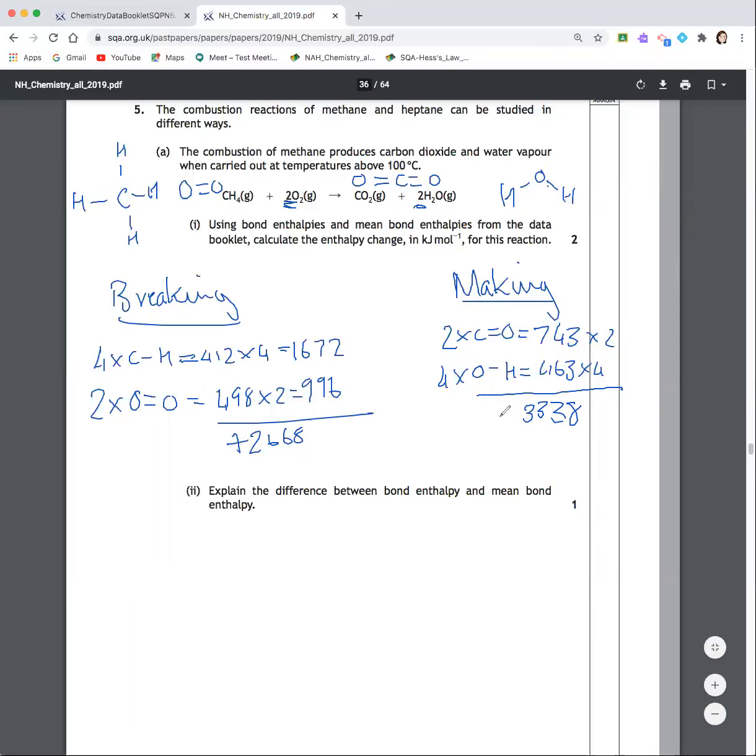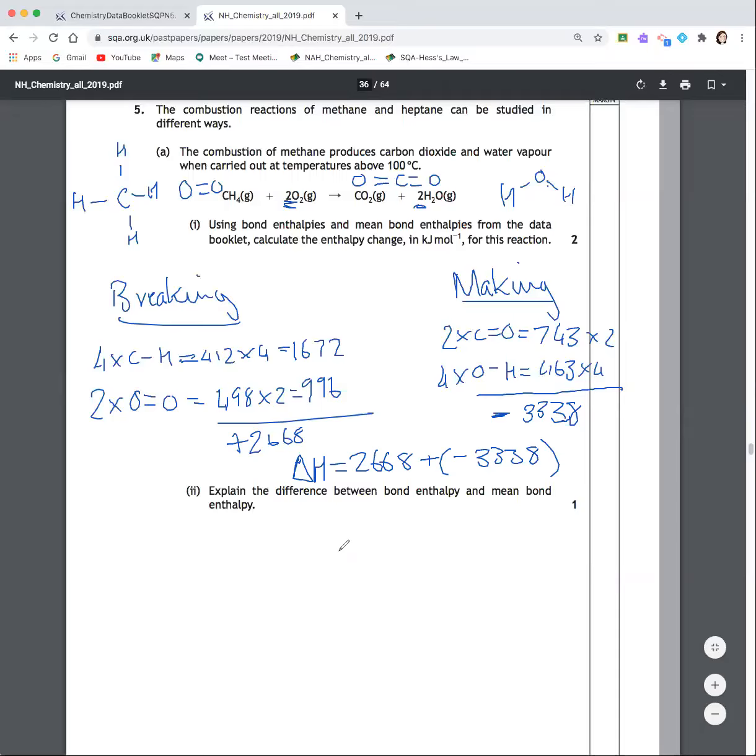The bond breaking is endothermic, so that's a plus. Bond making is exothermic, so that's a negative. And then what you need to do is find the net energy difference. So you basically just add them together. So you would have 2668 plus negative 3338, which equates to 2668 take away 3338.